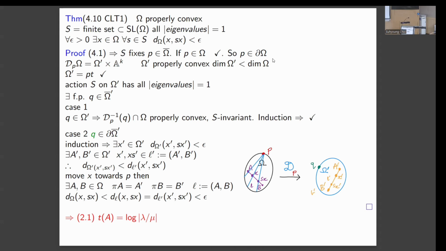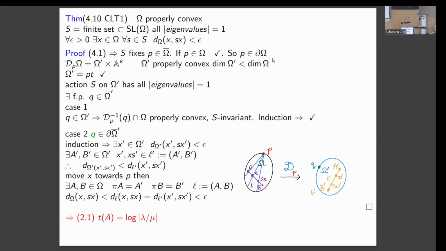So this result kind of illustrates the kind of geometrical reasoning one does in analyzing parabolics and properly convex sets. Okay, so we've got this finite set of elements, all the eigenvalues are on the unit circle. So that means all these elements have bounded trace.